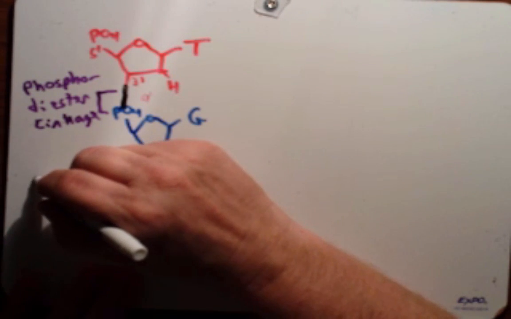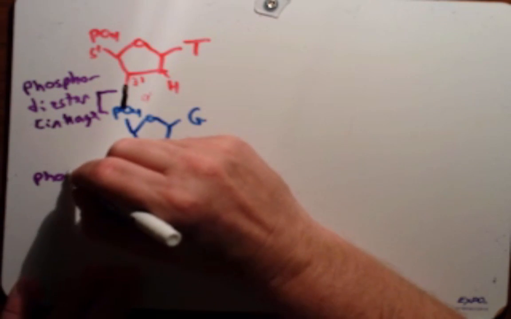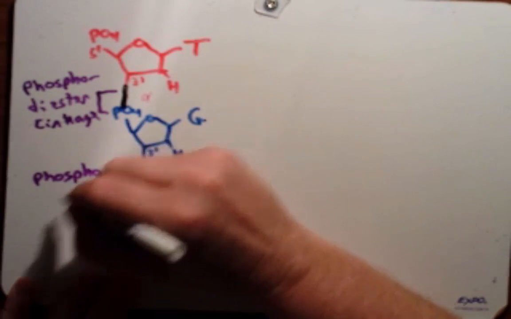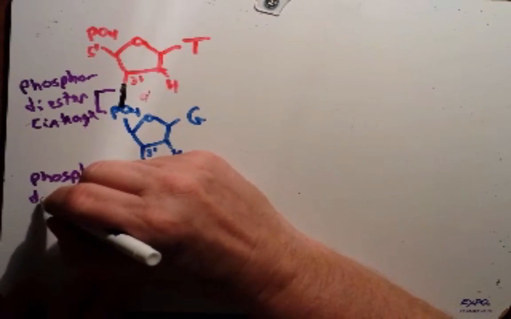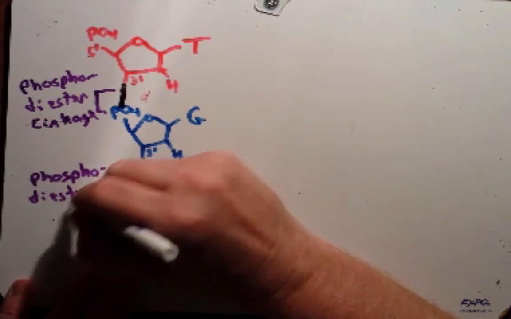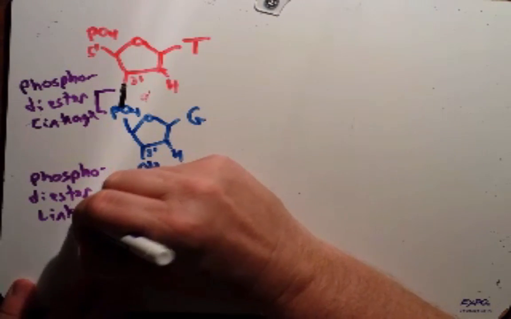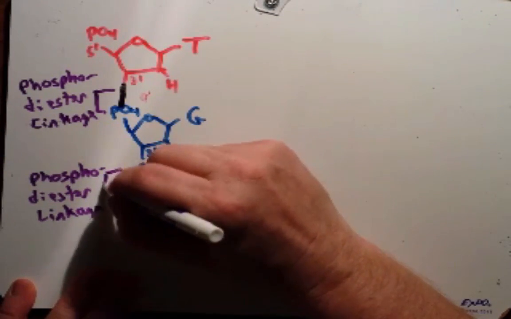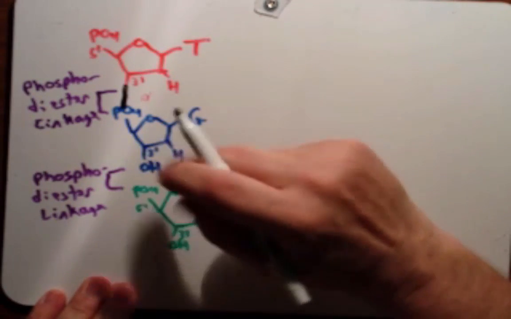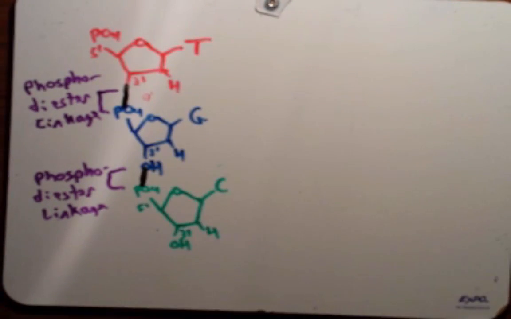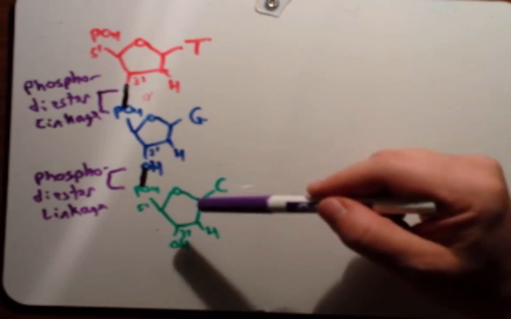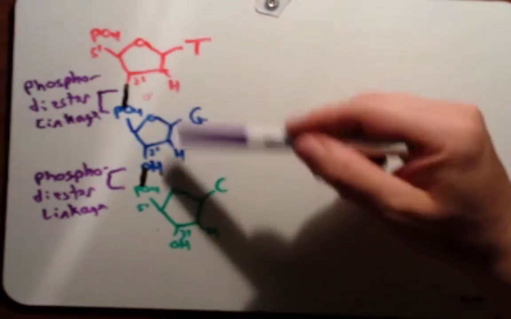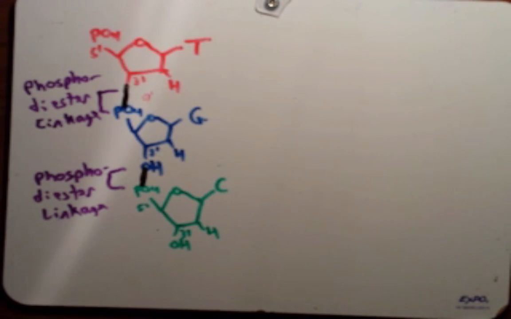Again, we're going to form a phosphodiester linkage here. And then, we don't have room here, but we'll keep adding new nucleotides to this growing strand in this direction.